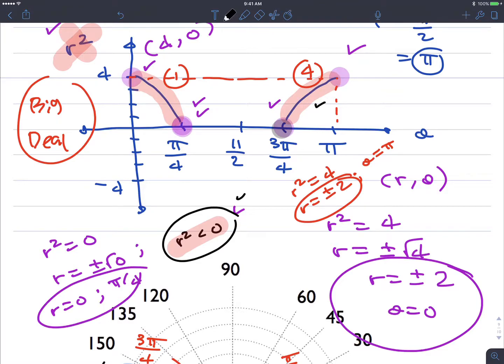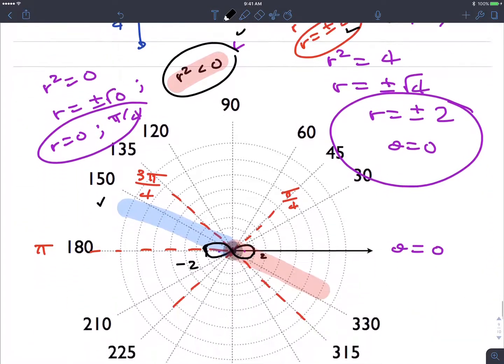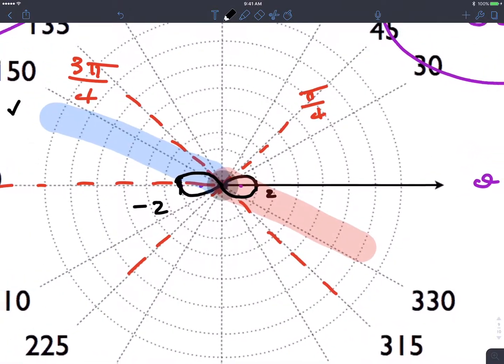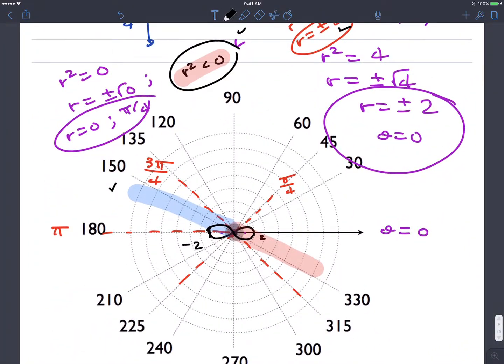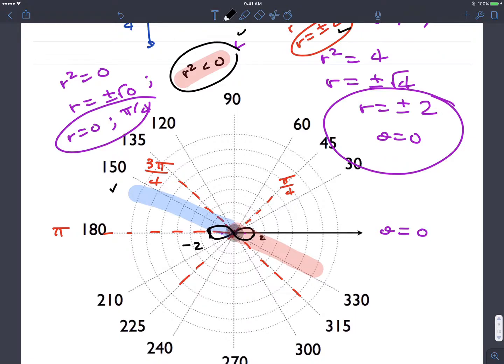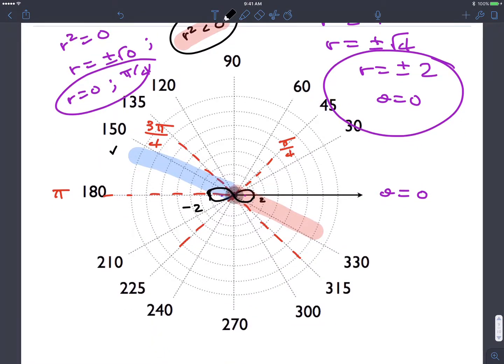One positive, one negative. One going to positive 2, the other going to what? Negative 2 right here. I know there's a lot going on there. However, what you see here is what's known as a lemniscate. Not so beautiful in my pictures, but this is how you start to graph these polar curves.